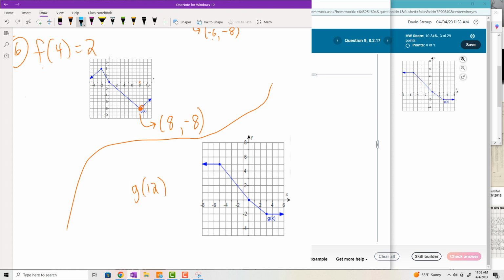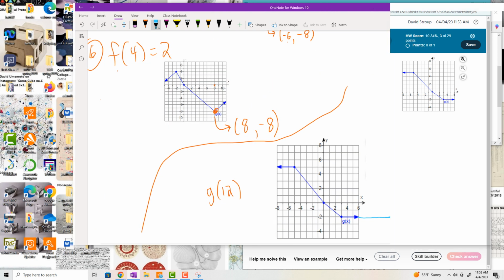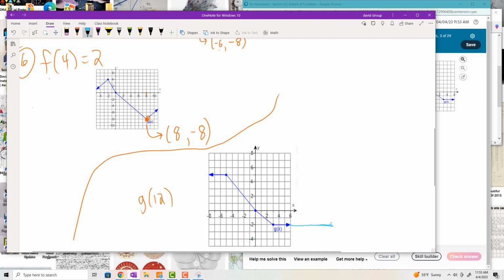So if you were to continue that line on and on and on, lots of technical issues today, like this, and you continue your x-axis on 6, 7, 8, 9, 10, 11, 12, the corresponding coordinate would be 12 comma negative 2.